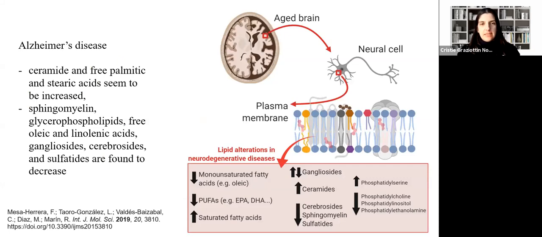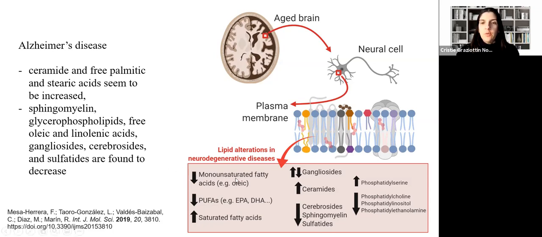I brought this paper to show the importance of lipids again. What they show is that with aging, the level of lipids changes. Specifically for Alzheimer's disease, if you compare the brain of a patient with Alzheimer's disease with a healthy patient, we see lipid alterations, and these lipid alterations are related to neurodegenerative disease.